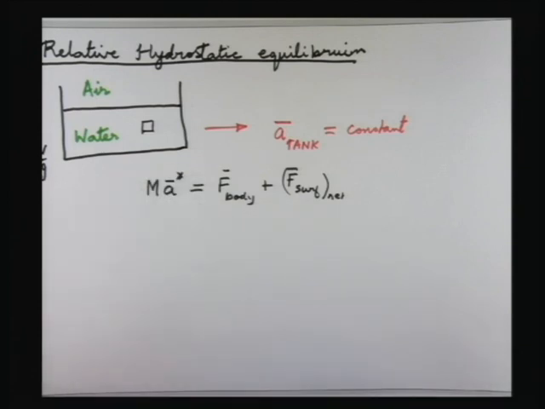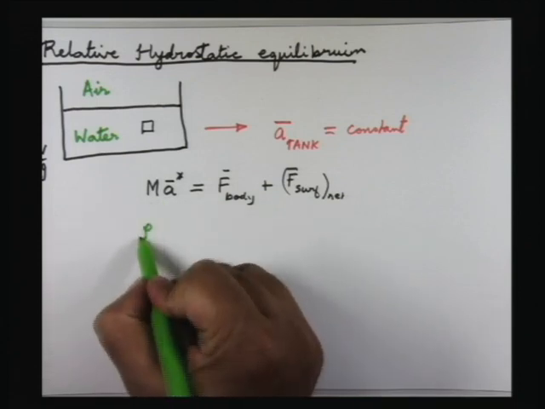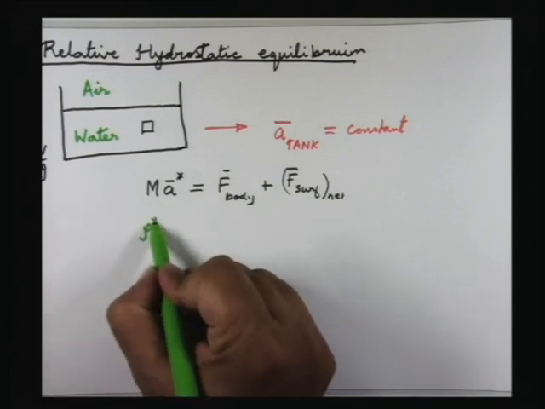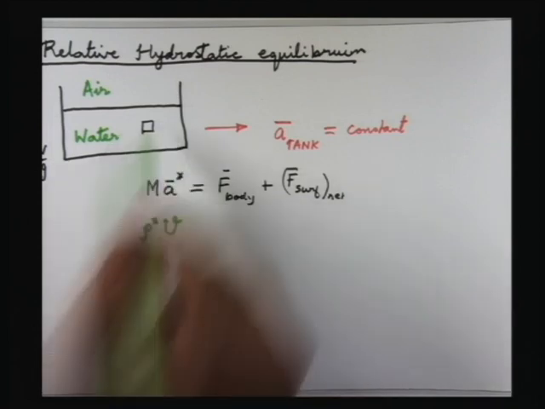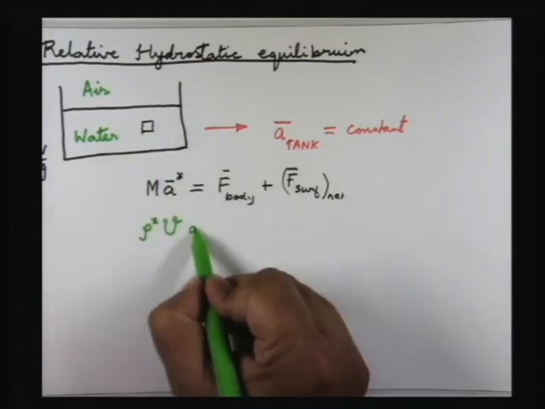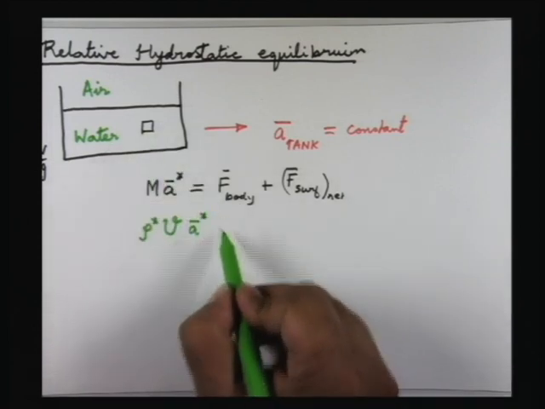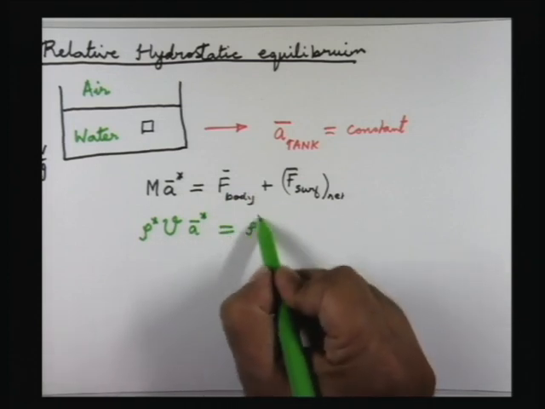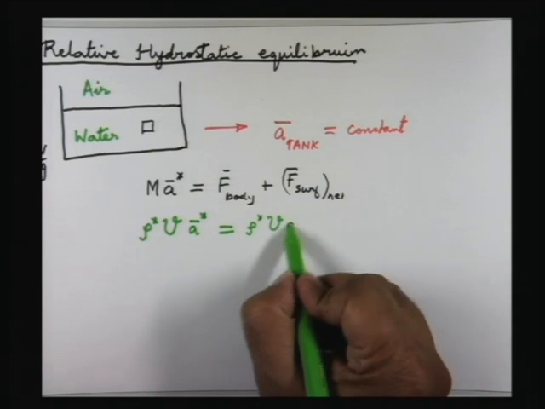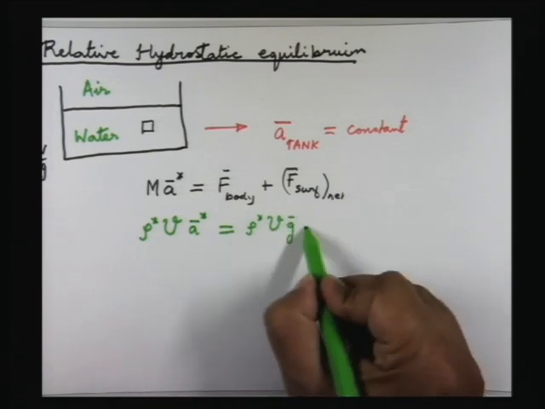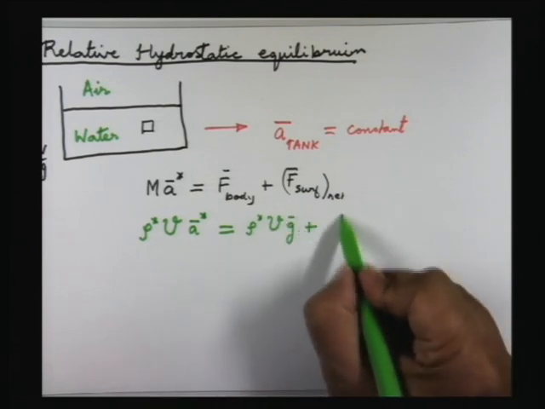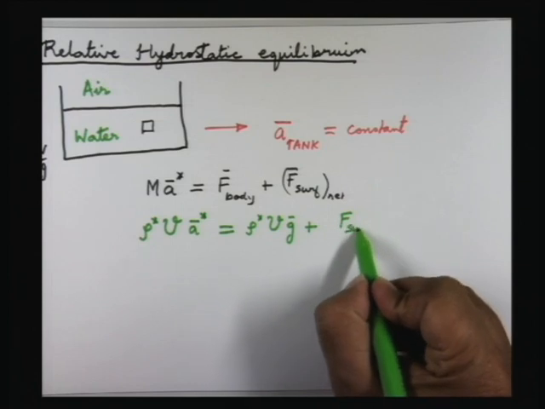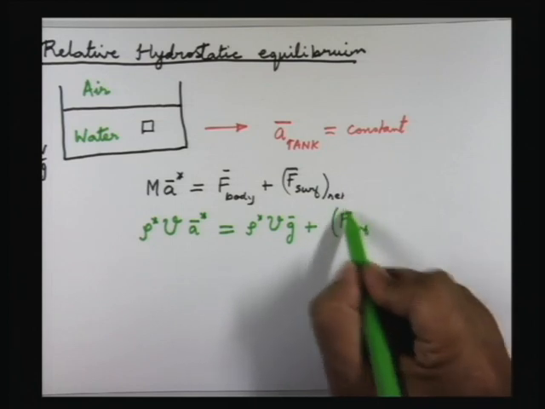Now this mass we can write as the average density rho star into the volume of this element, and this is the average acceleration. The body force similarly is mg, which is rho star V into g, and then you are going to have this net surface force, which is going to be the force due to the pressure.